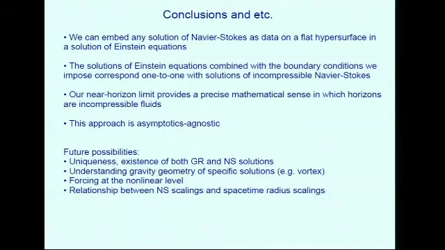So to be precise, there's some large parameter space that's all the solutions of Einstein equations. If we impose our boundary conditions on top of that, then we find the solution space for Navier-Stokes. So our near horizon limit is providing a precise mathematical sense in which horizons are incompressible fluids.